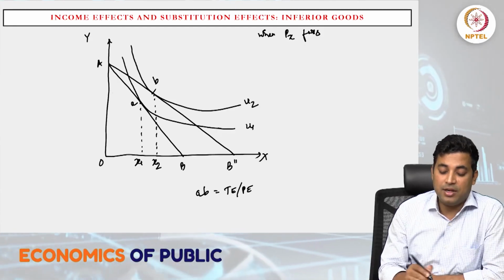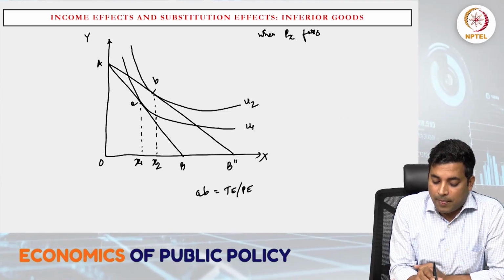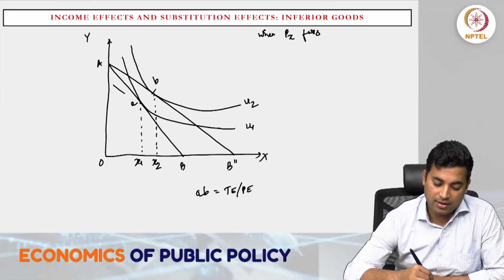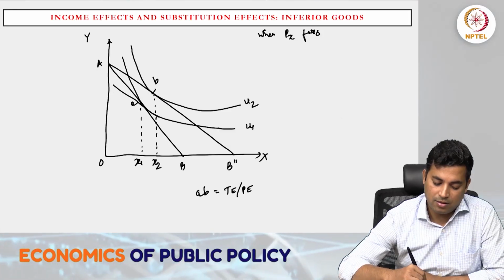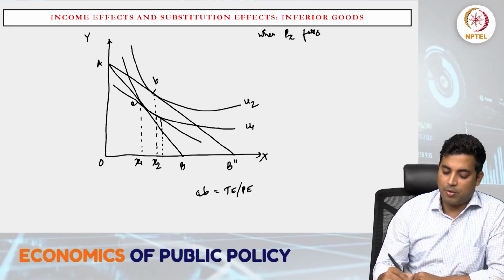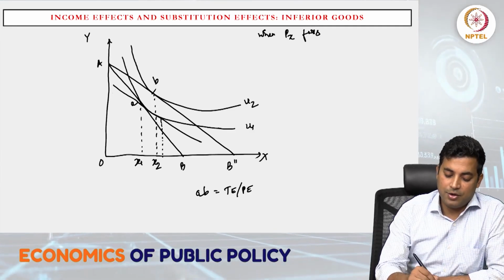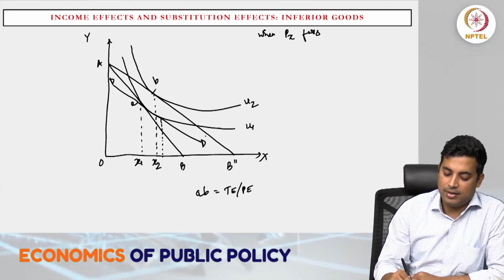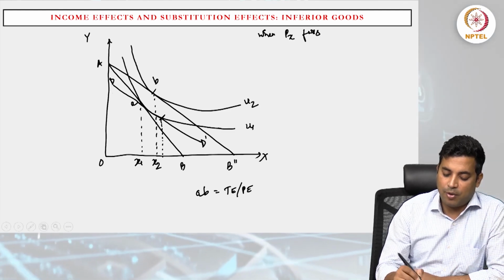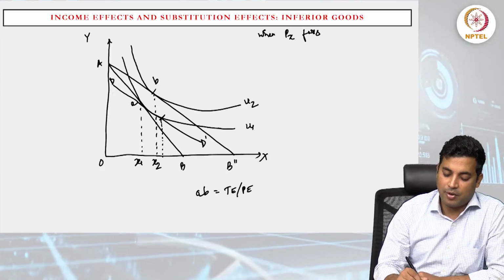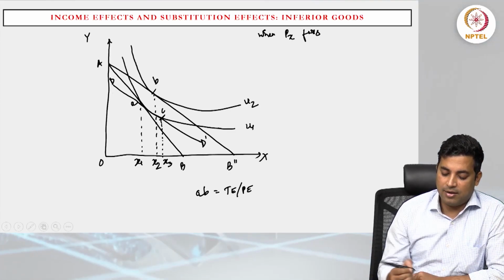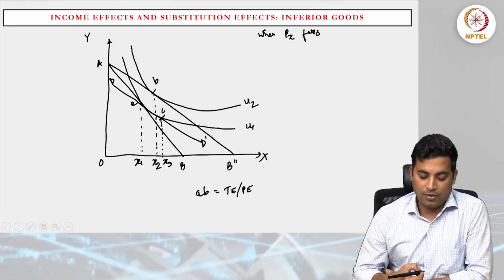But then in case of inferior goods, the budget line will be shifting to this point. So we have new budget line D and D dash, and we have one more point, let's say here is point C, and then we have again a higher level of x.